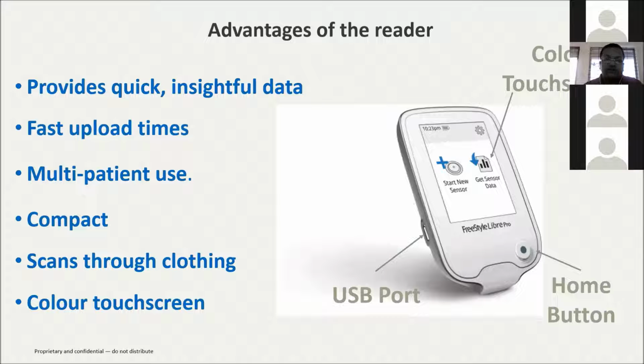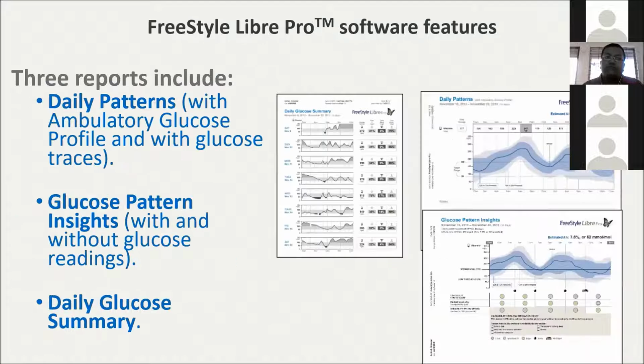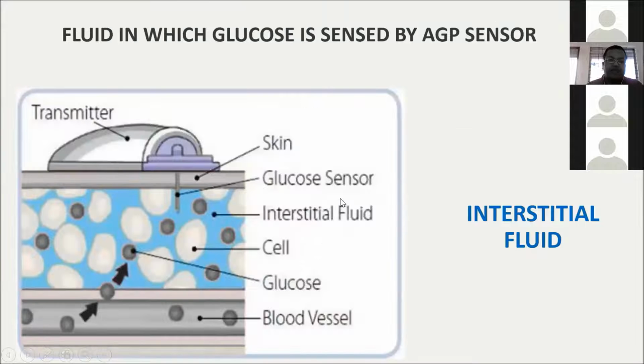This reader is compact and it can scan through the clothing also. It provides information on the daily patterns of glucose, the glucose pattern insights, and also a daily glucose summary. The sensor has a filament which measures blood glucose from the interstitial fluid.